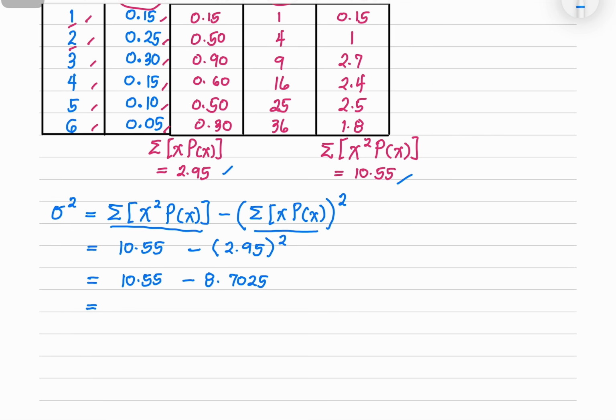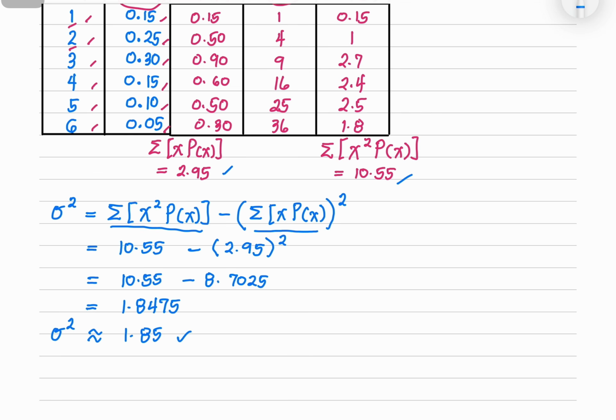And then, subtract 10.55 minus 8.7025. This is actually equal to 1.8475, right? Or approximately this is equal to 1.85, no? Kapag round off natin. Gets?